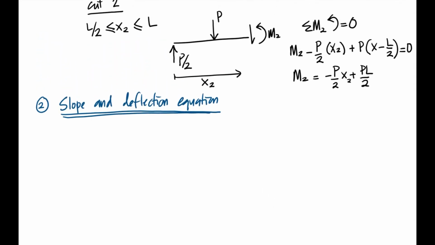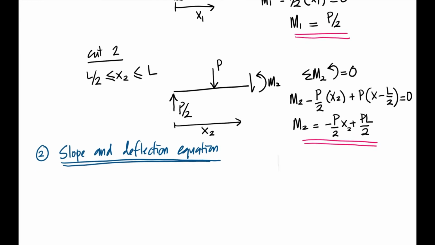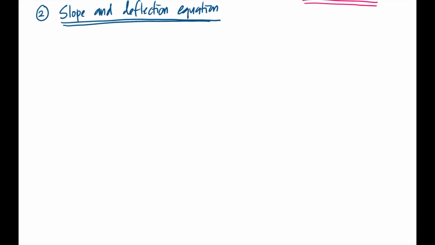Previously we defined M1. So you have two moments, M1 and M2. So you will get two different equations of the slope and two different equations of the deflection. Okay, so let's define for each moment.